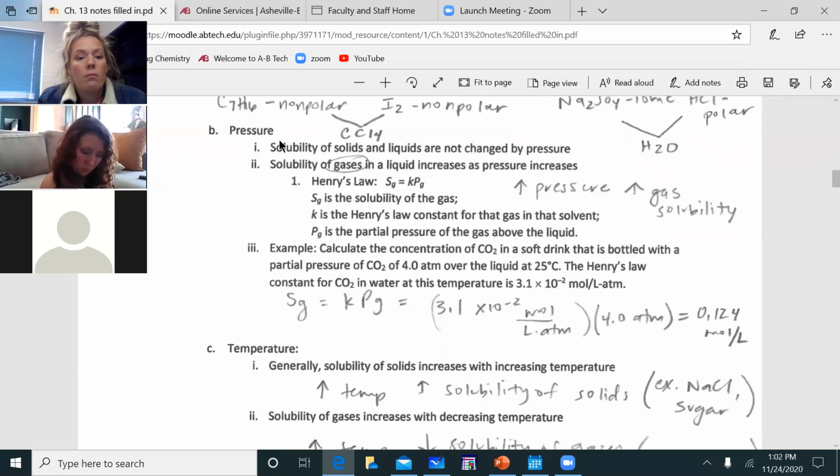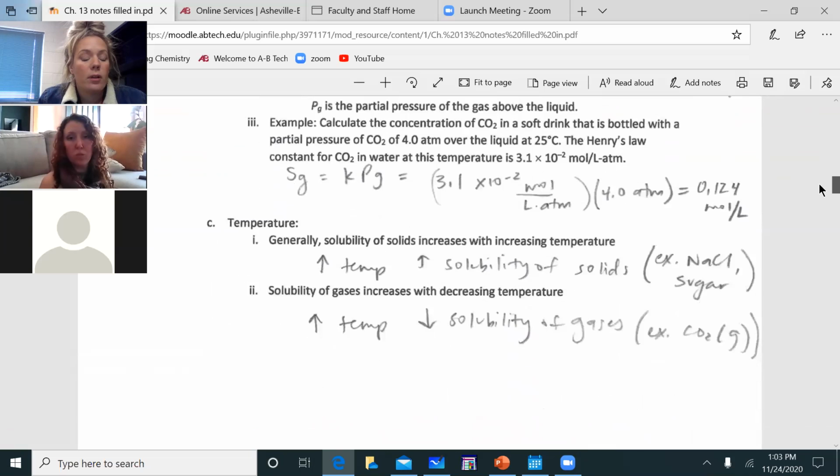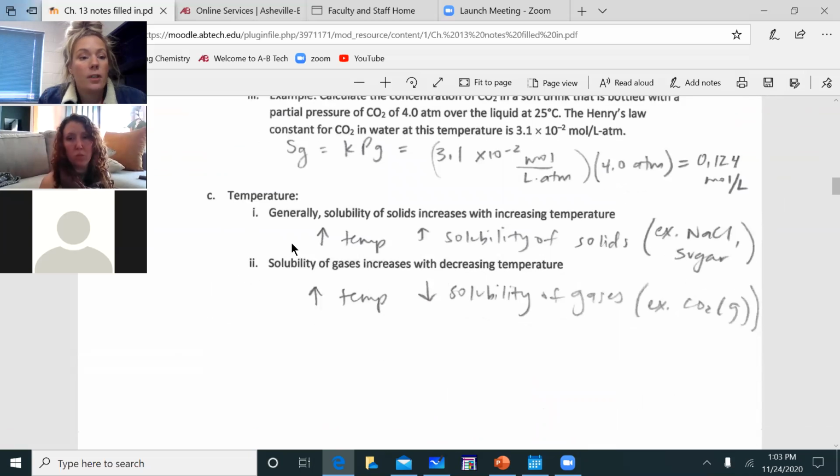Temperature. So again, pressure doesn't affect our solids and liquids, it only really affects our dissolved gases. Temperature, on the other hand, will affect a couple different things in a couple different ways. In general, when we're looking at the solubility of solids dissolved in a liquid, as the temperature increases, the solubility of the solid will also increase.